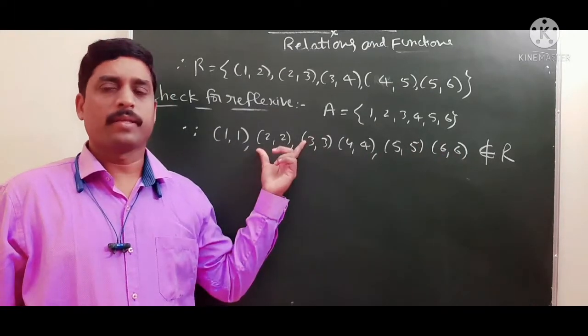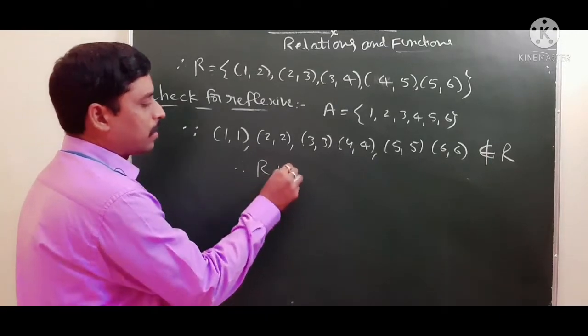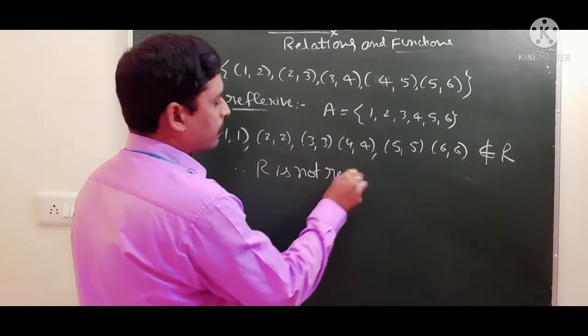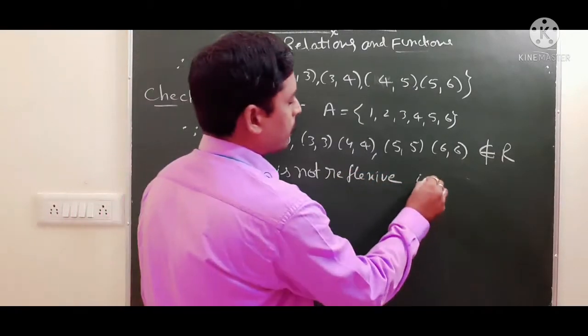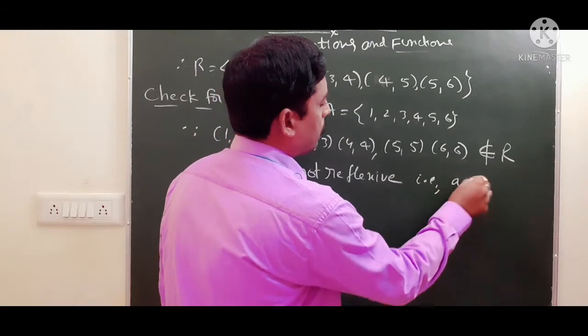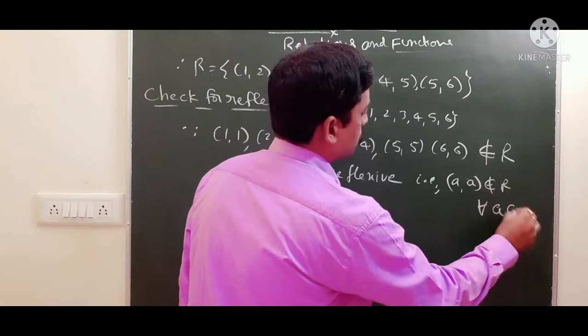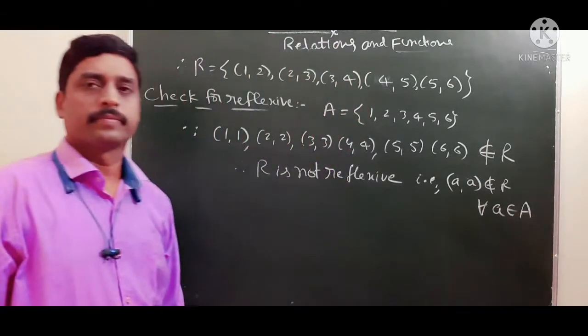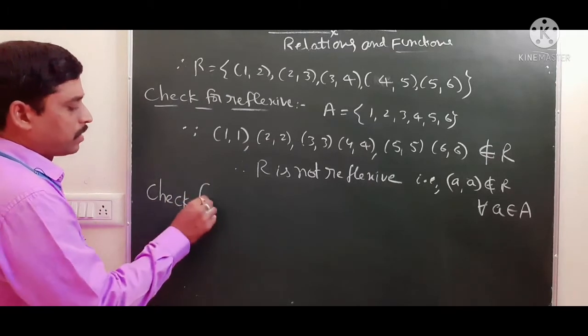This type of ordered pairs does not belong to R. Therefore, R is not reflexive. That is, the ordered pair A and A does not belong to R for all A belongs to A. Okay, next, we are going to check for symmetry.